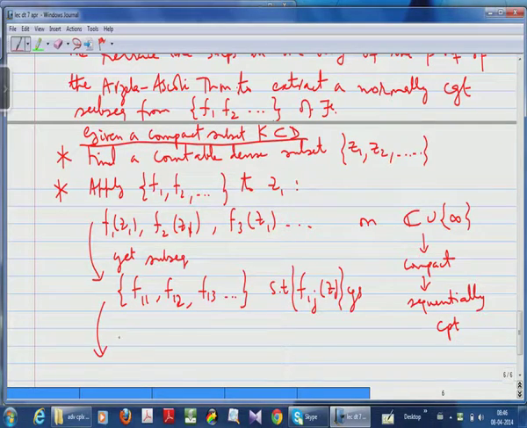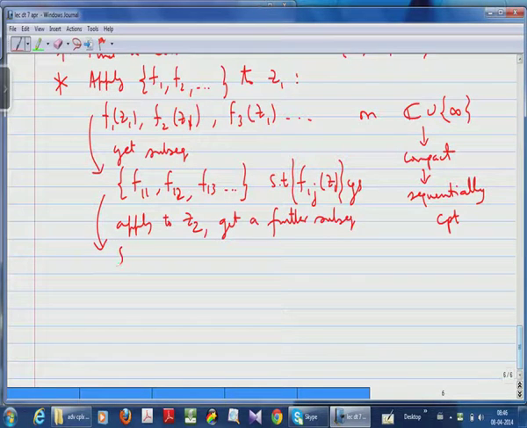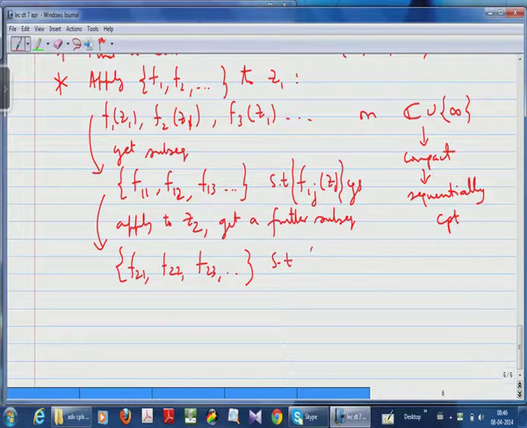I don't need anything more to extract a convergent subsequence. That's the big difference. Now you iterate. Apply to z2, and you get a further subsequence f21, f22, f23 and so on, such that f2j of z2 converges.